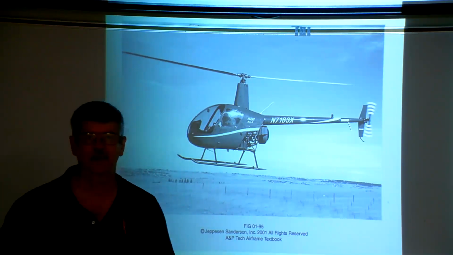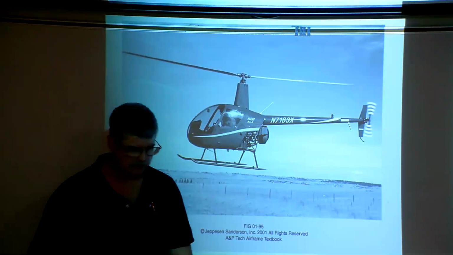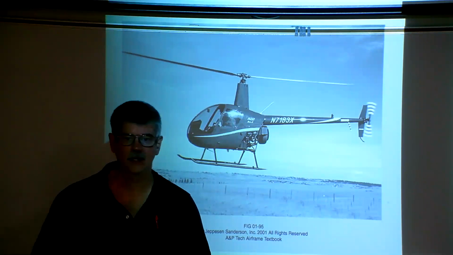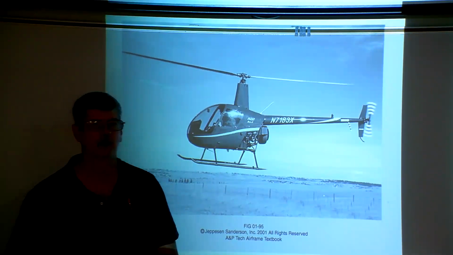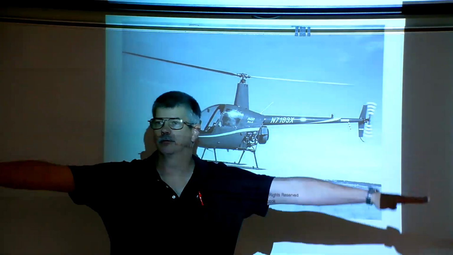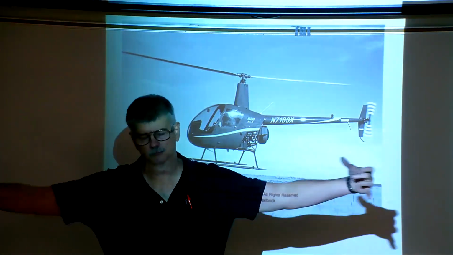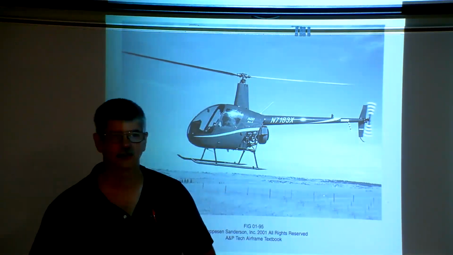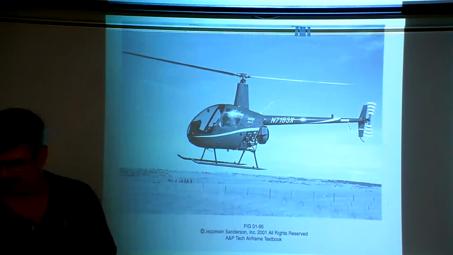But before that was invented, or brought into use, the step was to go to what's known as a semi-rigid rotor blade. A semi-rigid rotor blade will have two rotor blades that are rigidly connected to each other, but they're attached to the center mast with what is known as a teetering hinge.